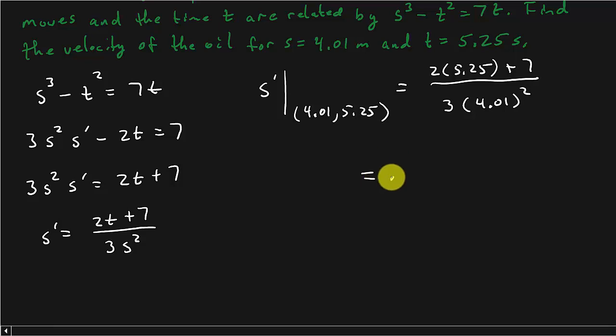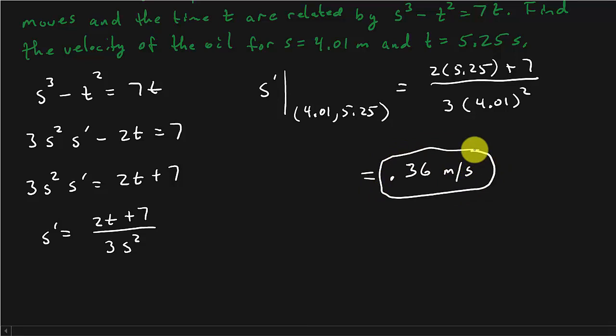And we get 0.36, and that's going to be meters per second. So assuming I did not hit a wrong button in my calculator, there you have it. That's the answer. I don't think I did. So there's the answer to that one.